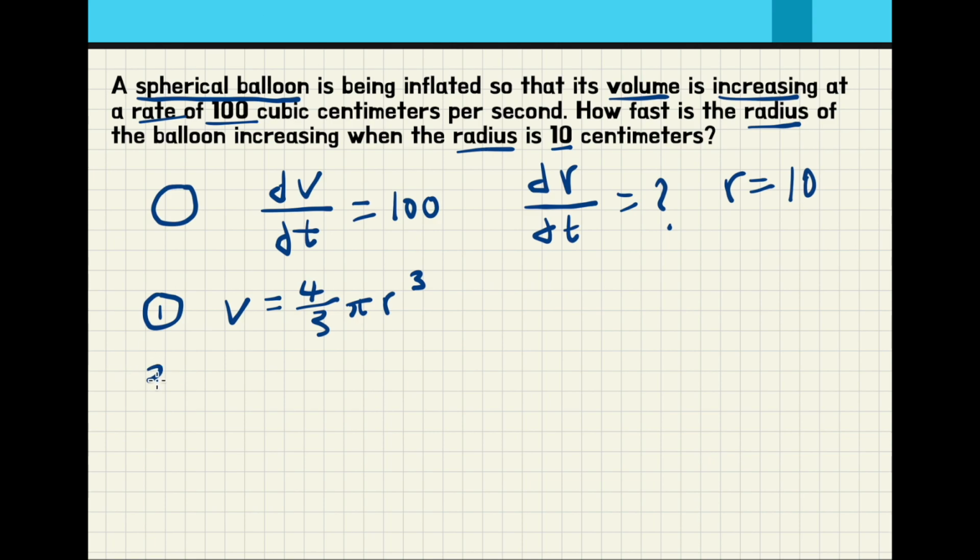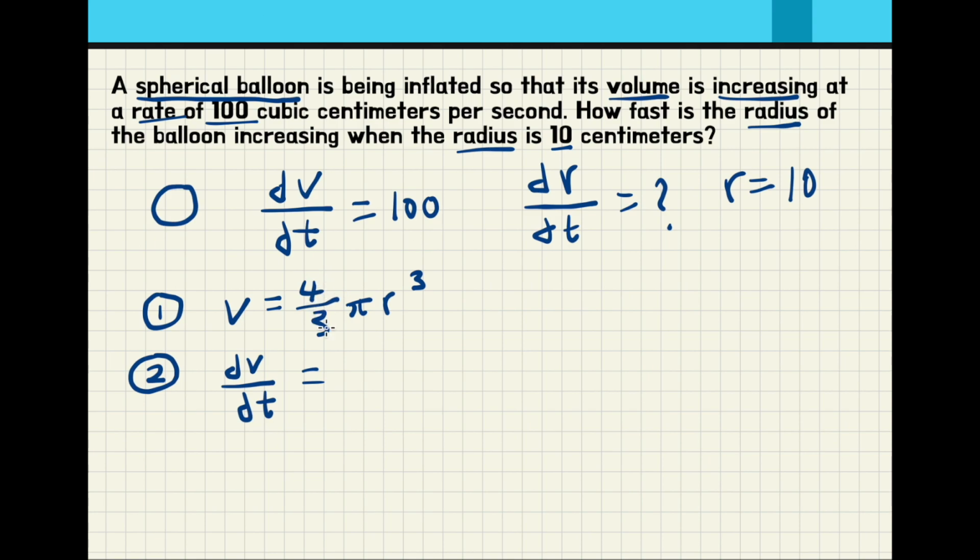Our second step is to take the derivative, as always, of both sides. So, differentiating both sides with respect to time, you get dV over dt equals, use the power rule, bring the 3 to the front.